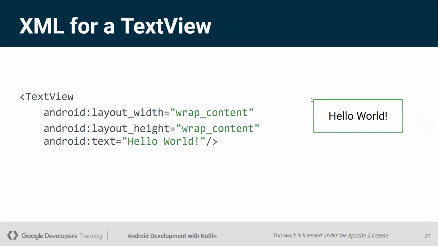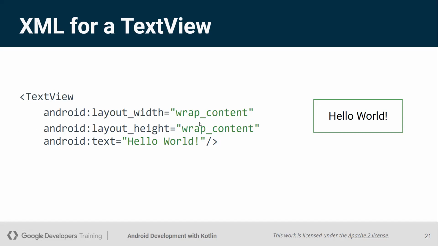I mean, we are trying to define the dimensions of the boundary. So the boundary width is given by the layout width, boundary height is given by the layout height. Whatever text should go inside is defined by the Android text, and it can be any type of text that you enter here.